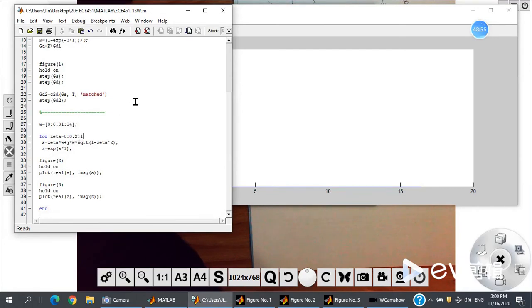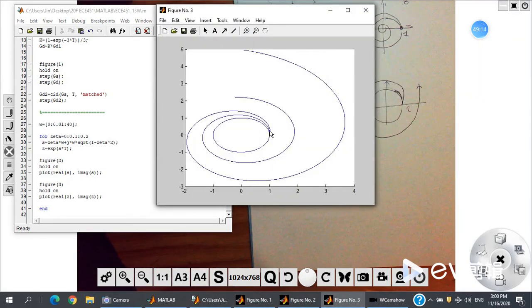Zeta from 0 to 0.2, step 0.1. Then here I give 40. Have a look. Now it looks like this. Turn around outside.